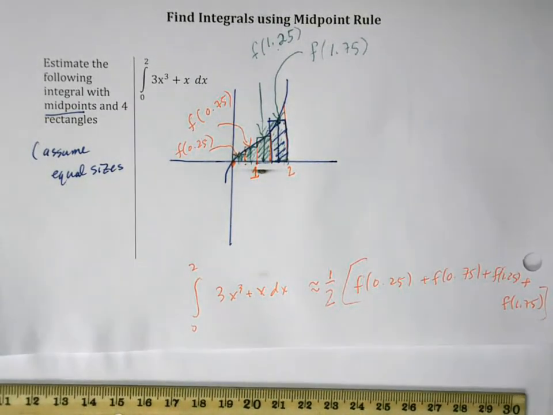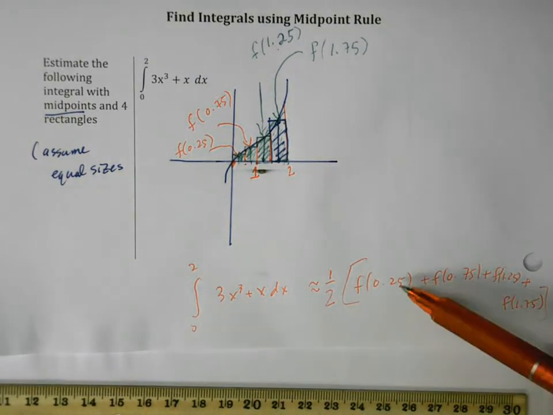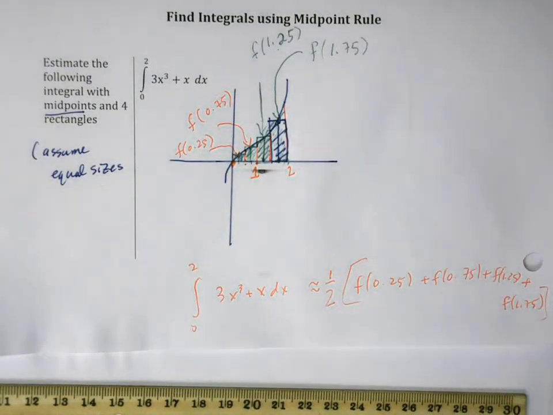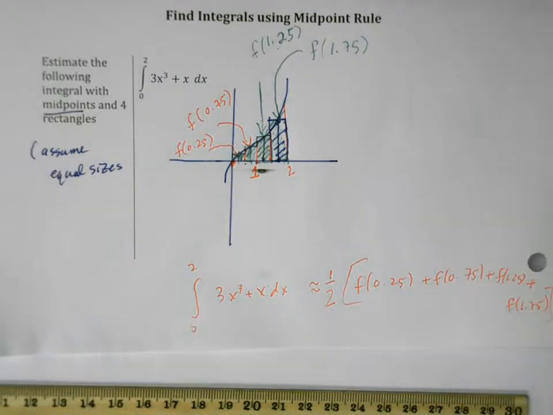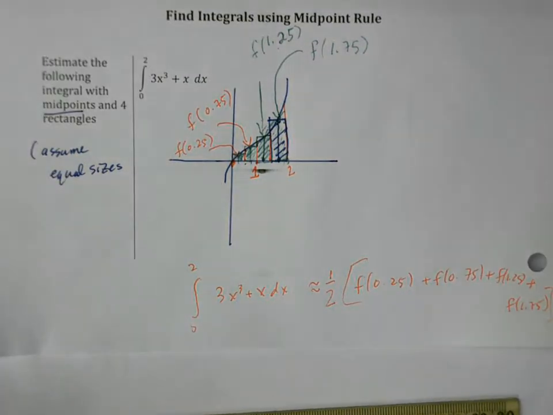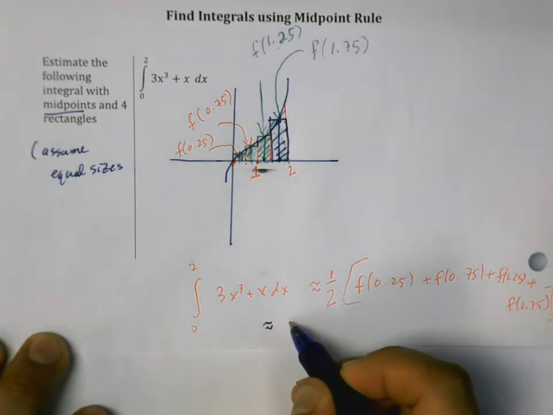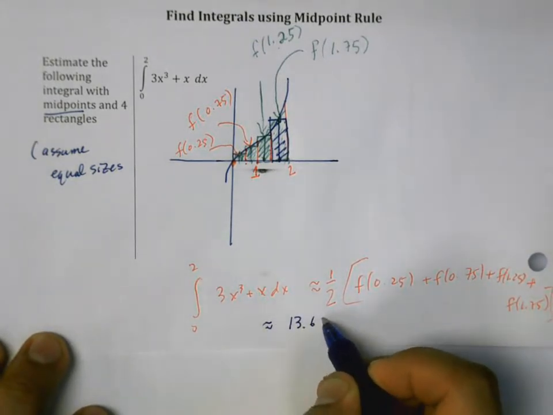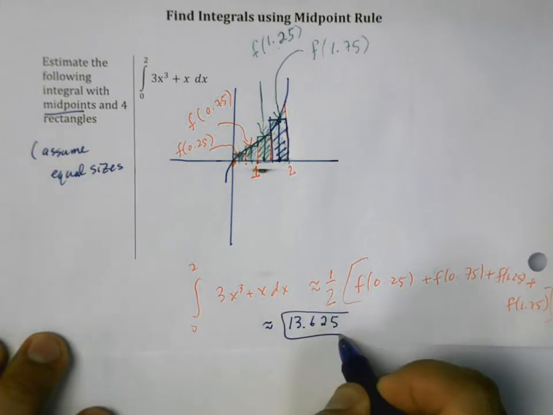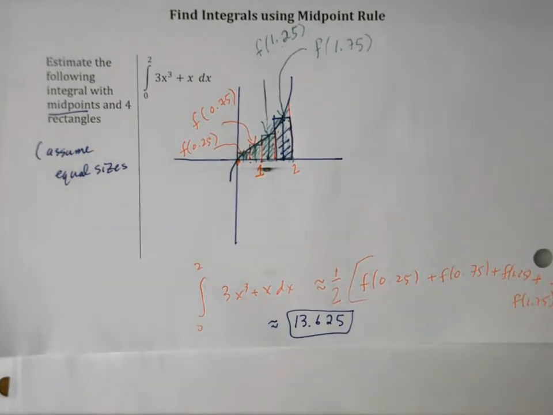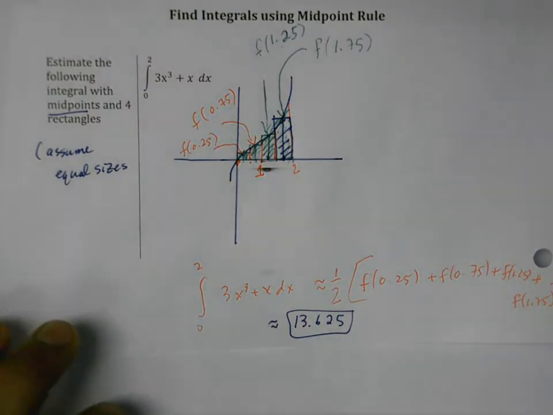So plug these numbers into the function, add them all up, and multiply by 1/2. Once all that's done, I get that the estimate is about 13.625. So there you go, a pretty solid, straightforward example on how to use the midpoint rule.